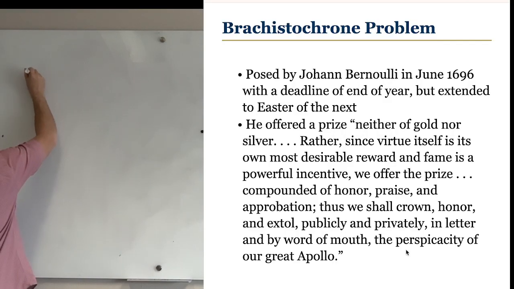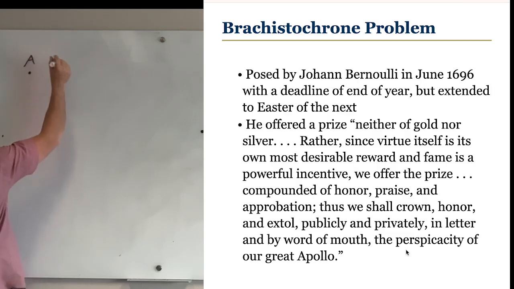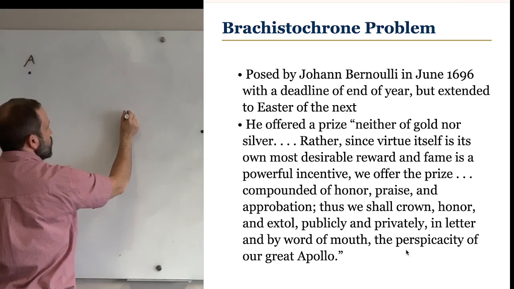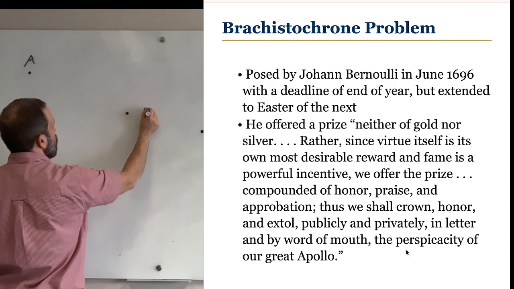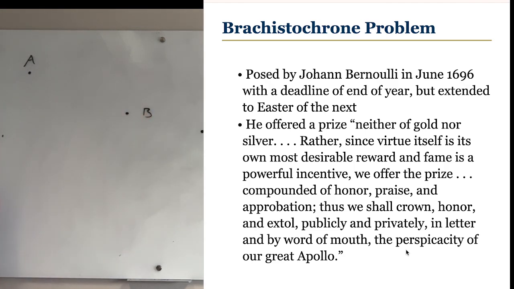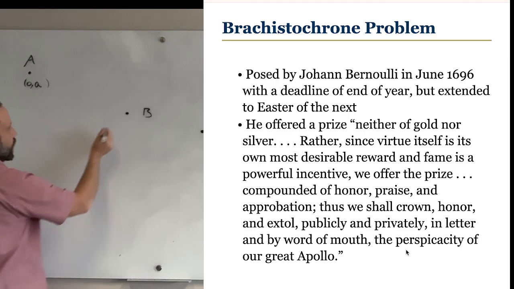Let's say we have a point A and a point that I will call B. Just for the sake of having something definite, the coordinates of point A are going to be (0, a): the x coordinate is 0, the y coordinate is lowercase a.